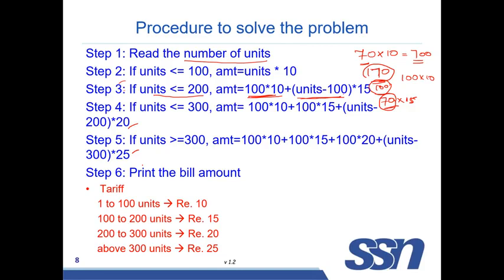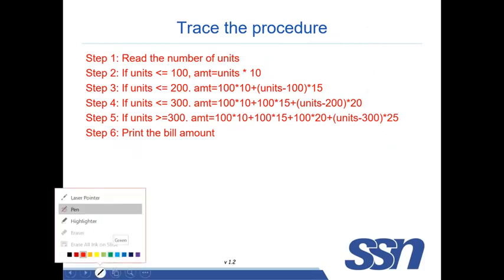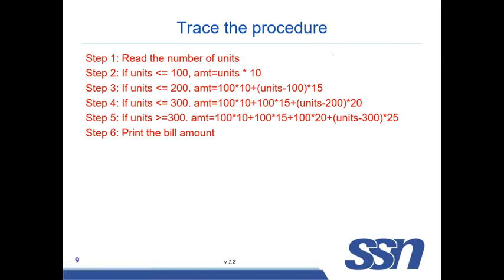Now, how do we know that this procedure will give me a correct output for the given number of units consumed? For that, we need to trace the procedure. Okay, we have to basically take the procedure and use an input. For example, we'll consider, let's say, 270.